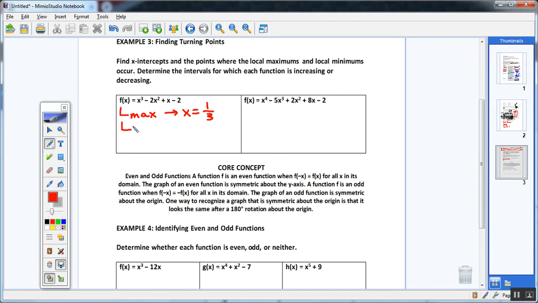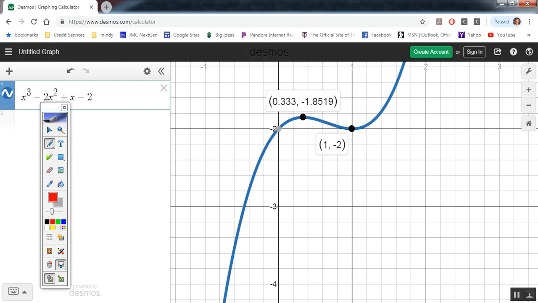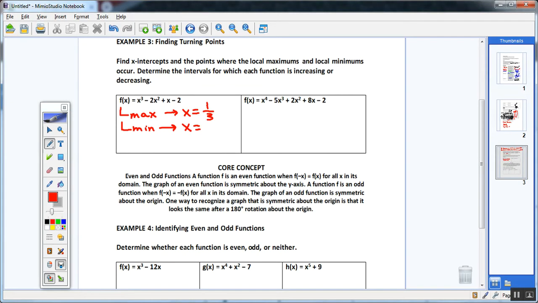And then we have a local min at x equals, what was that value again? 1. And then it says determine the intervals for which each function is either increasing or decreasing.